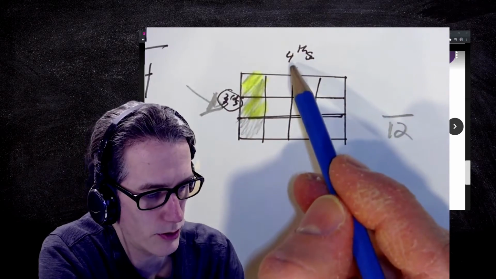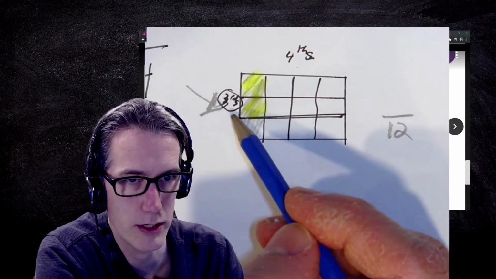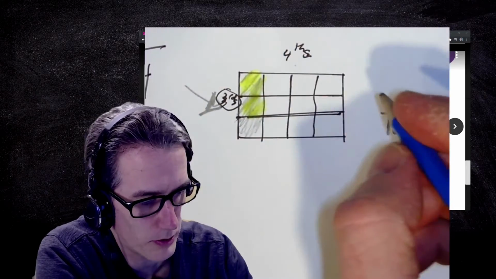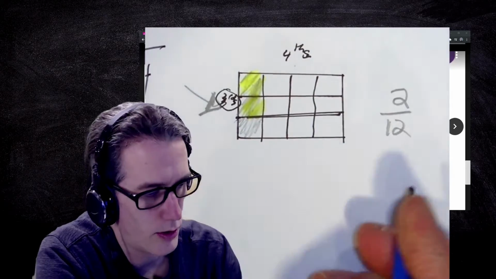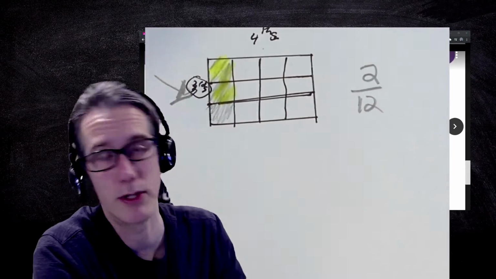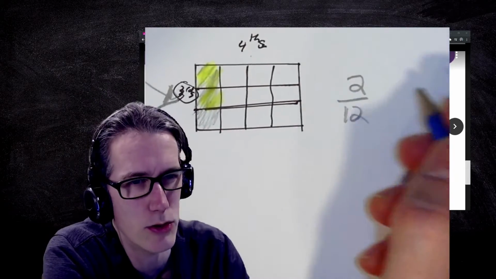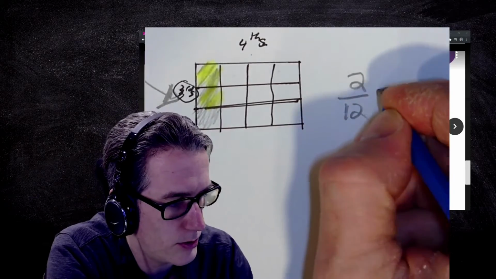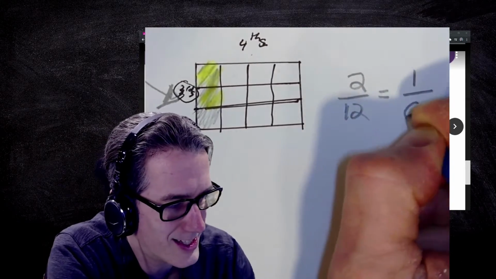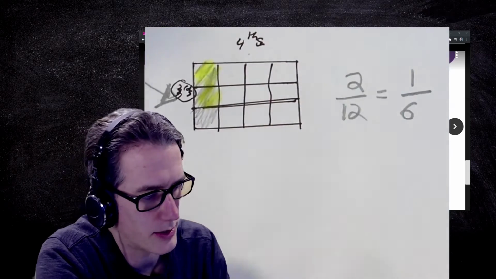So the gray was the fourths, and the yellow was the thirds. So I only have 2 where it's both. So I'd end up with 2/12. Now I'm going to want to reduce that as well. As soon as I see 2/12, I can divide that both by 2, which would equal 1/6 of the entire piece.